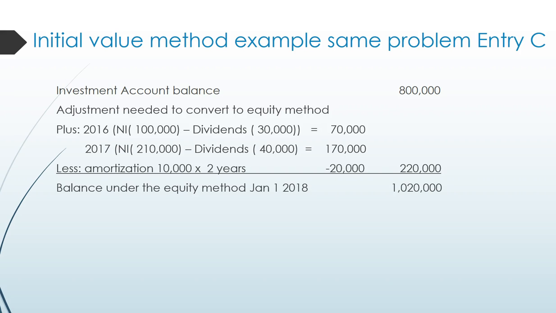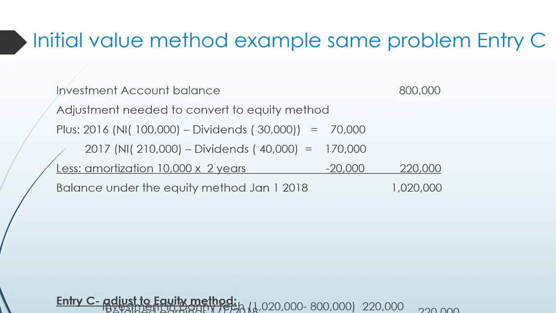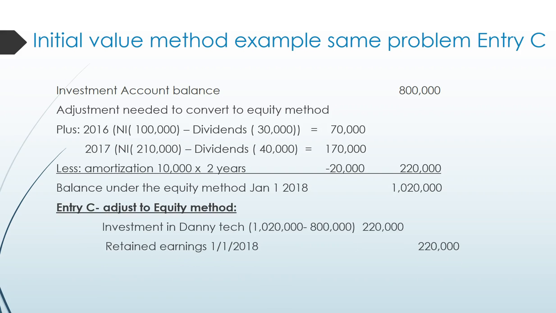So this is what the balance should be in the investment account under the equity method on January 1st, 2018. So the entry would be: we would debit the investment in Danny account by $220 and adjust the parent's retained earnings by the $220.